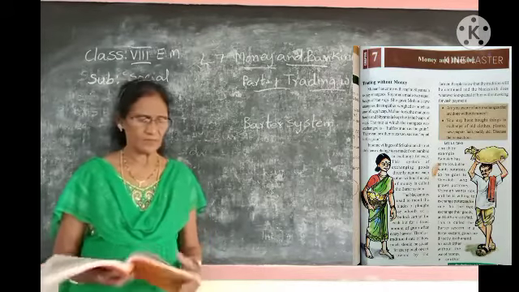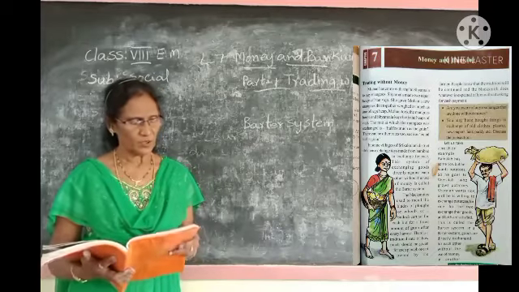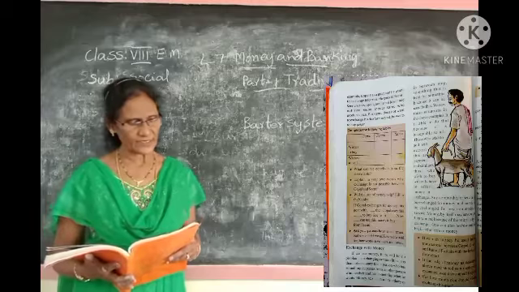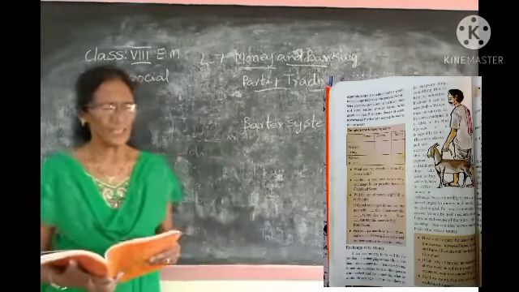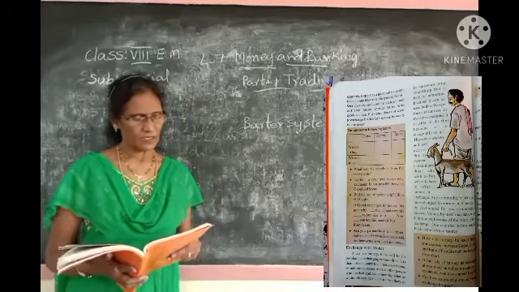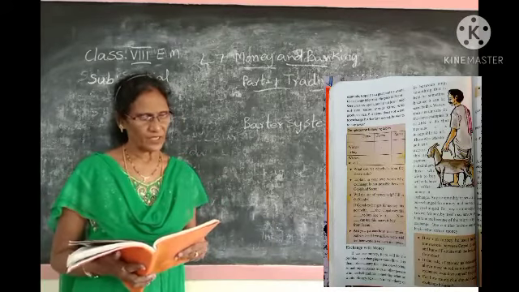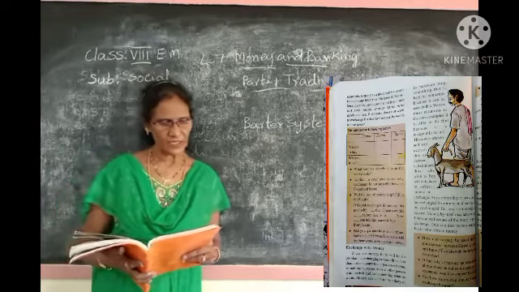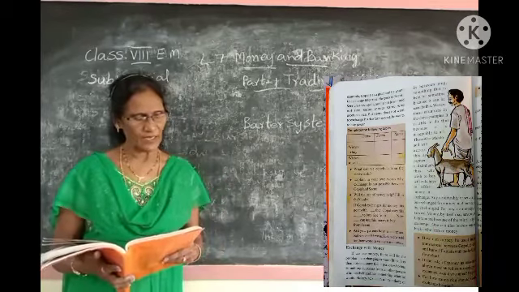In another example, Gopal has a goat and he wants to exchange it for rice. He goes to Srinu. Srinu wants a goat, but he has jawar and not rice.